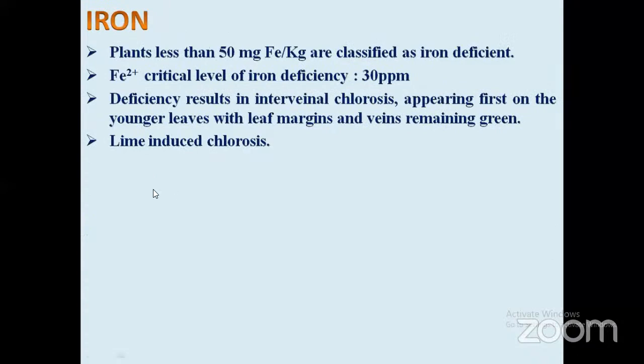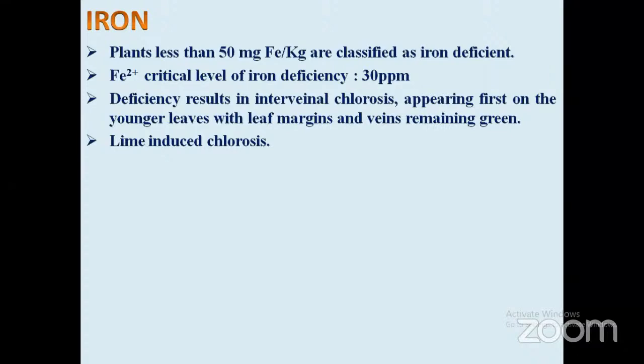One more thing you can write over here in this lime-induced chlorosis: soil iron concentration is high. When I was telling you about the concentration of micronutrients, I told you that all the micronutrients are within the range of 100 ppm, but iron and manganese are an exception, as they may go up to 500 ppm.